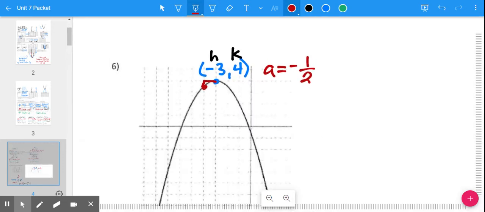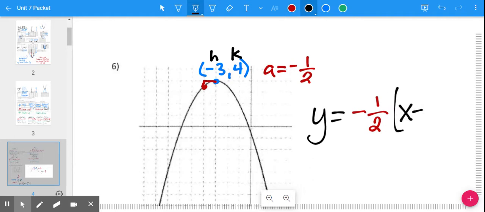So now we can write the equation for this parabola. We have y equals, it opens down, so it's negative. To get to the next box, we went over a box and down half. Then x minus h, where your h is -3. When you subtract a negative, you're adding 3.